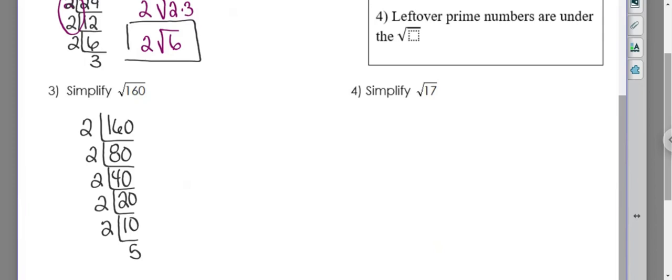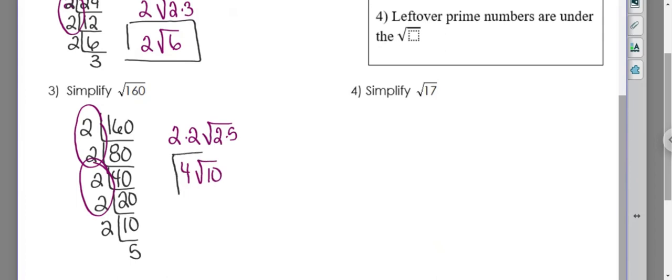And we have 1, 2, 3, 4, 5 2s and a 5. So every group of 2 numbers, I'm going to circle up. So this time I have 2 groups of 2. Underneath the radical, I still have what I was not able to group, which is a 2 times a 5. So 4 root 10 is my final number.